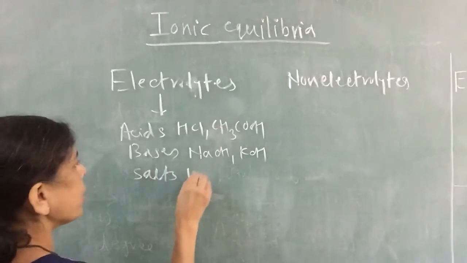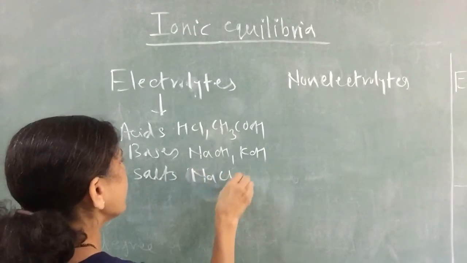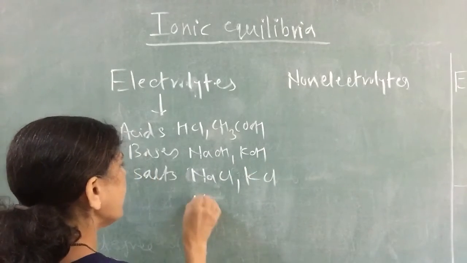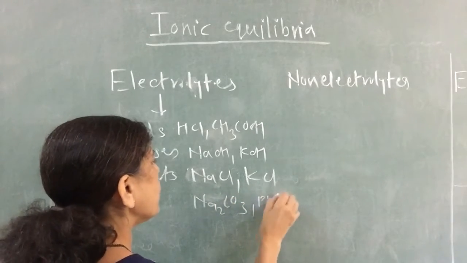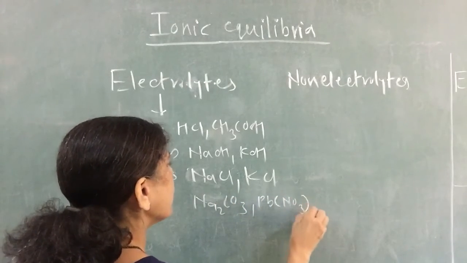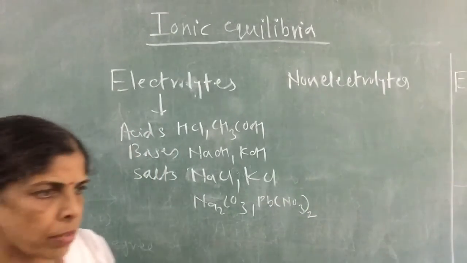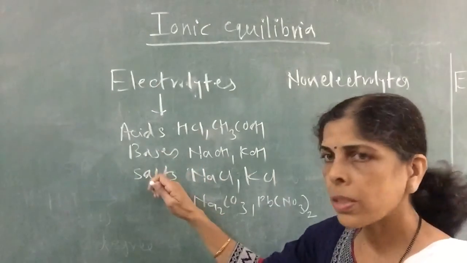Similarly, salts like NaCl, KCl, Na2CO3, Pb(NO3)2, lead nitrate, all these salts will produce ions when dissolved in aqueous solution. They come under electrolytes.